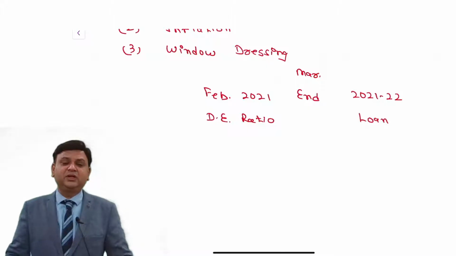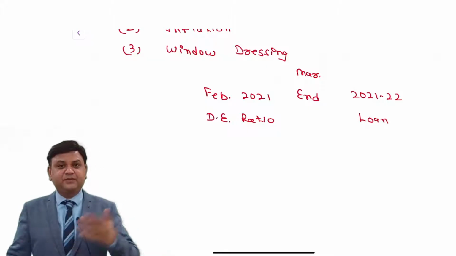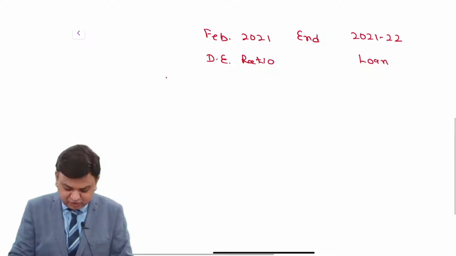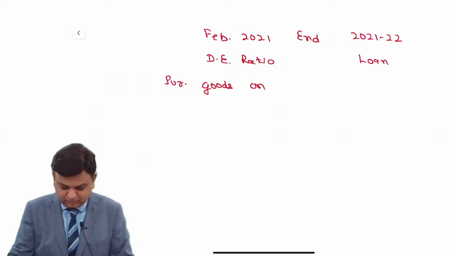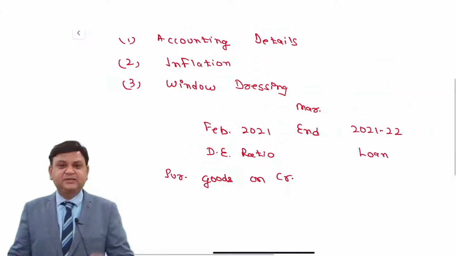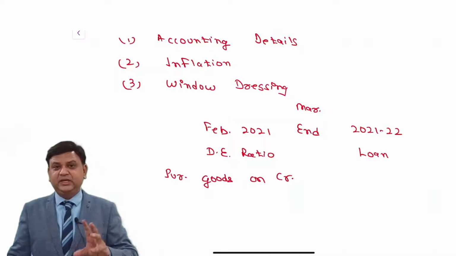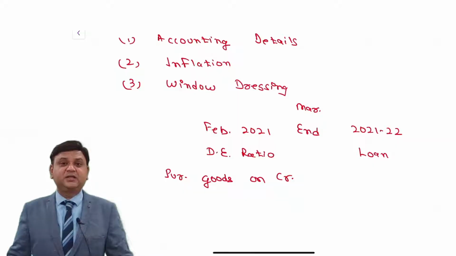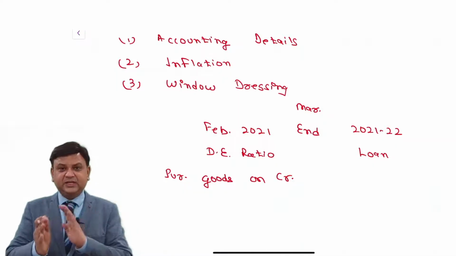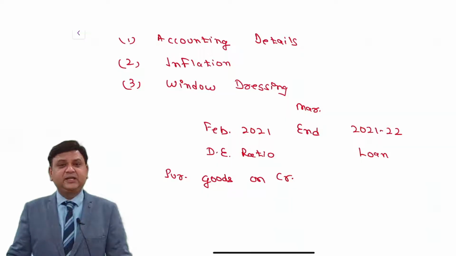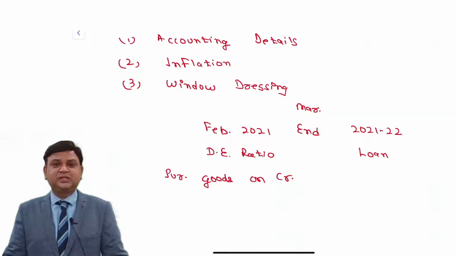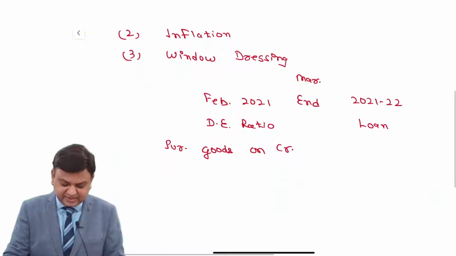Similarly, if I am going to approach my supplier for purchasing goods on credit, then my supplier is going to calculate the current ratio. So again at year end I will do certain adjustments, because of which my current ratio is high. These kinds of adjustments are possible, and with that we will be able to do something favorable to us. And this is what we understand as window dressing.